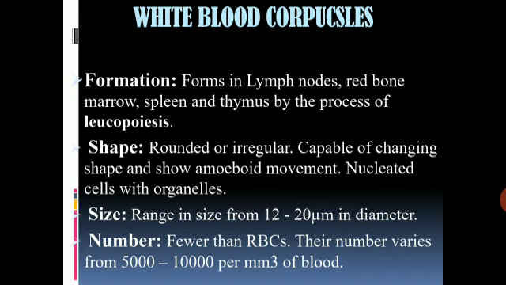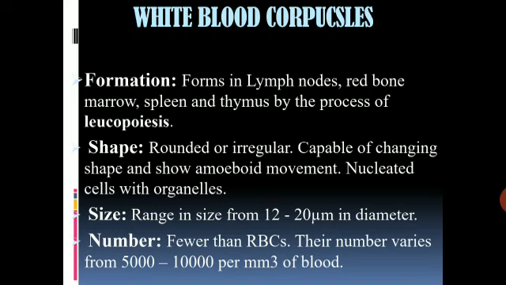The shape is rounded or irregular. WBCs do not have a generalized shape actually, and they are capable of changing their shape so that they can show amoeboid movement. And WBCs are the only blood cells, I should say, that have a nucleus. So they have a nucleus as well as their organelles.